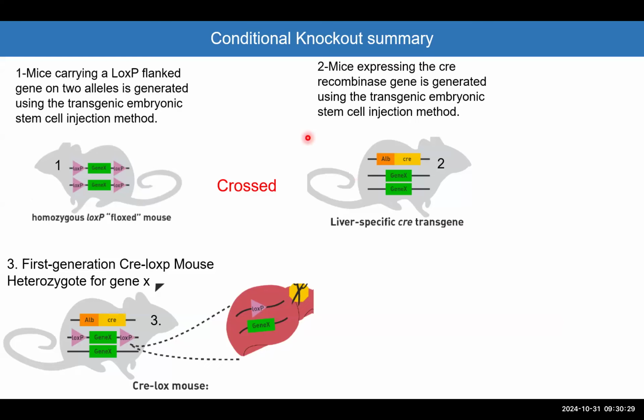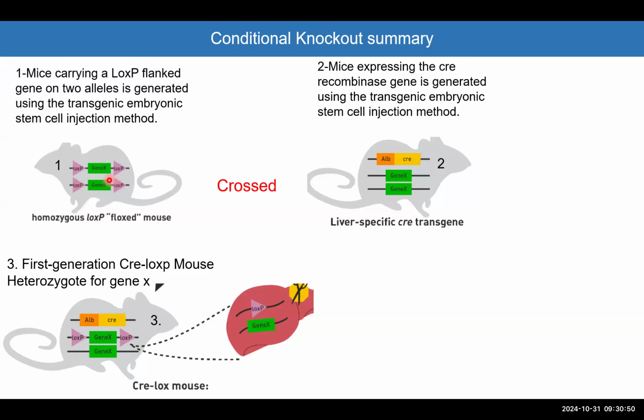Okay. So if I summarize the process, the conditional knockout process is two steps. Step number 1 is to know which gene you want to flank, and you know which exon you want to flank, and then you generate a homozygote flanked with the LoxP site.